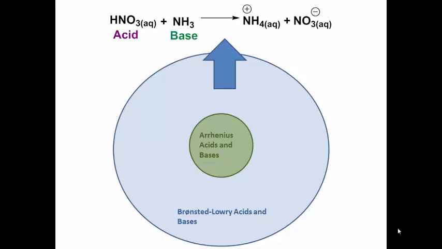Ammonia is a Bronsted-Lowry base because it accepts that hydrogen. But there's no H+ formed in the reaction and there's no OH- formed in the reaction. So these are Bronsted-Lowry acids and bases, but they're not Arrhenius acids and bases. So this is, again, a broader definition, and it encompasses different species that the Arrhenius definition does not.